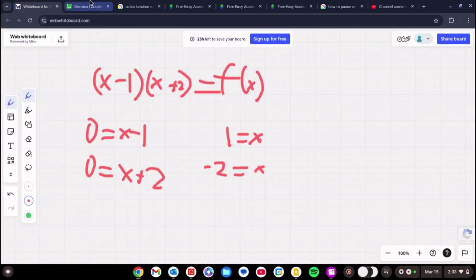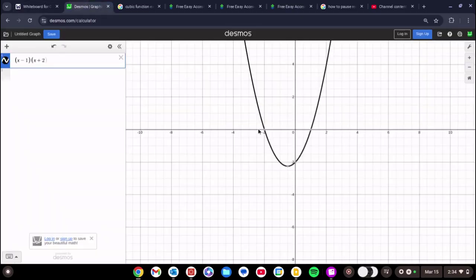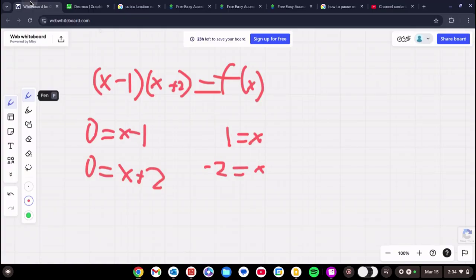So we have x equals 1 and x equals minus 2. X here equals minus 2, and then x here equals 1. There's more to this, like a y-intercept and a valley, but that's a really simple way to get some roots.